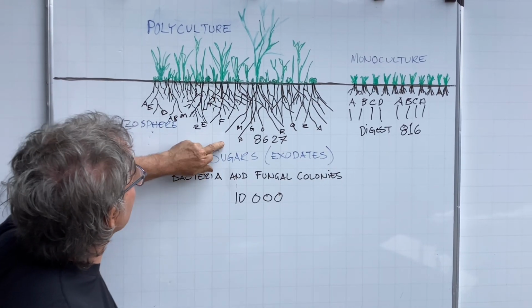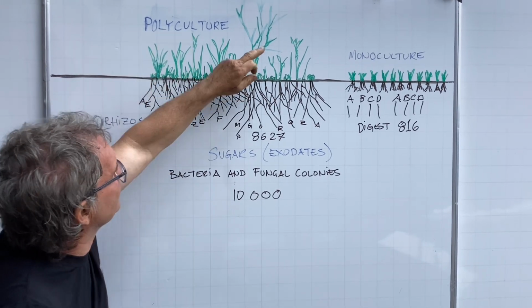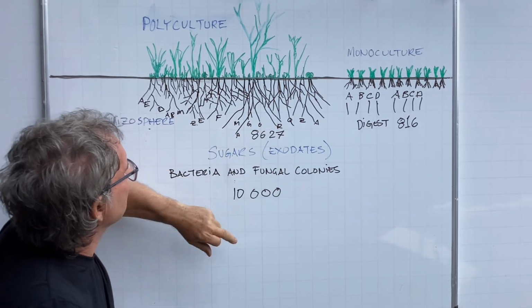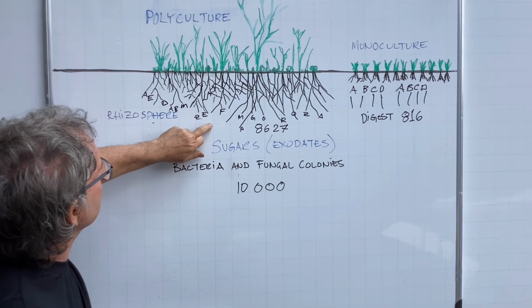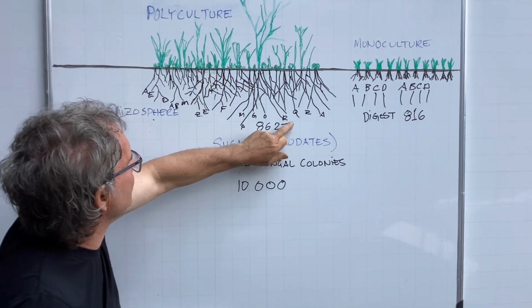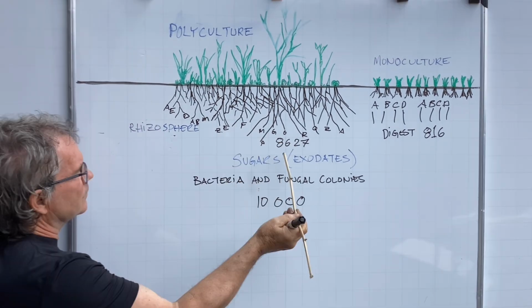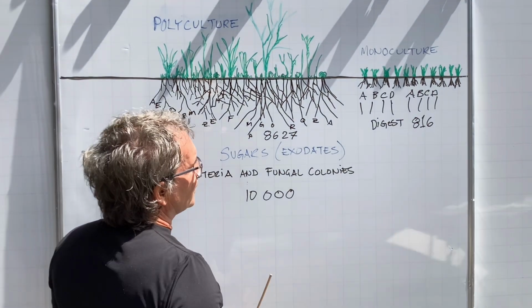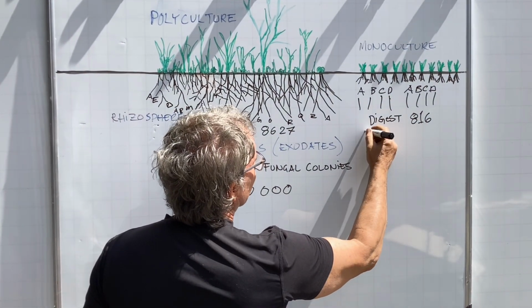So what it can do is it can offer the plants, these diverse plants, diverse food in exchange for them offering biodiverse sugars. In this case, in the monoculture, this usually gets substituted with fertilizers.